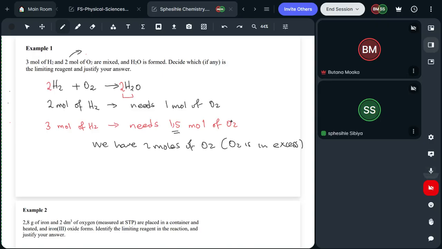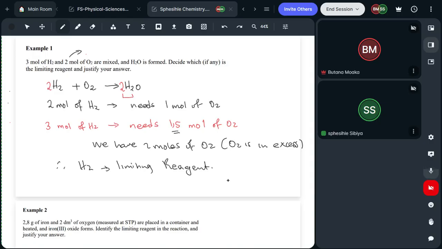Therefore, my H2 is the limiting reagent. We only have enough H2 to react with 1.5 of O2.